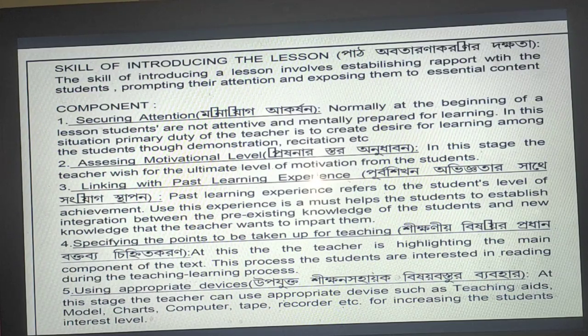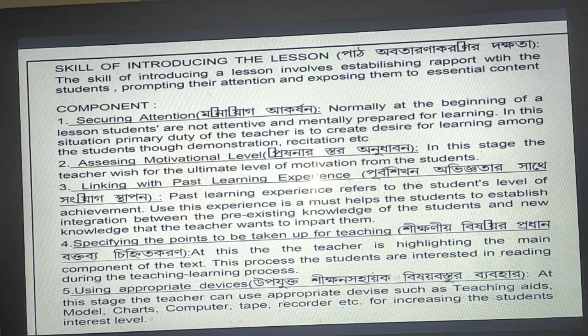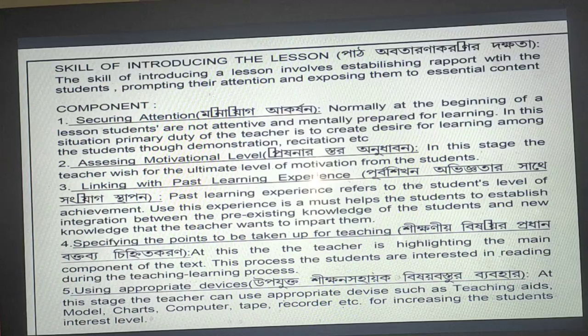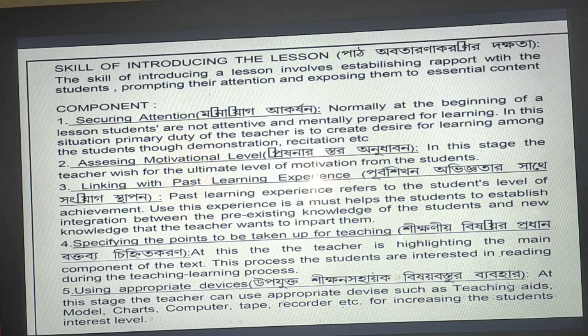The teacher wants to assess how much learning experience the student has according to the present topic.